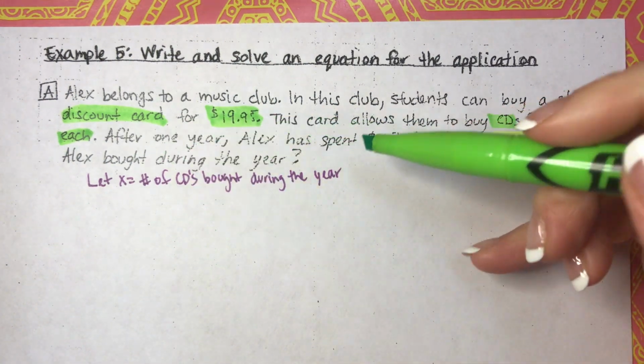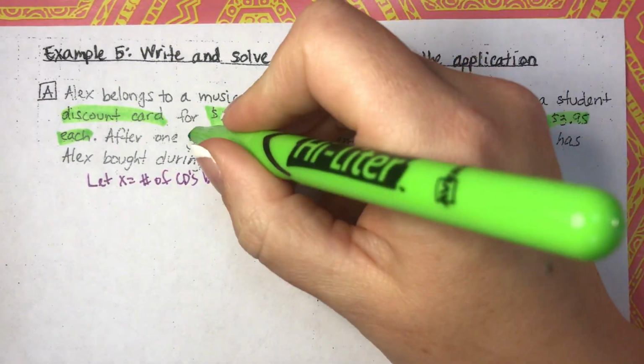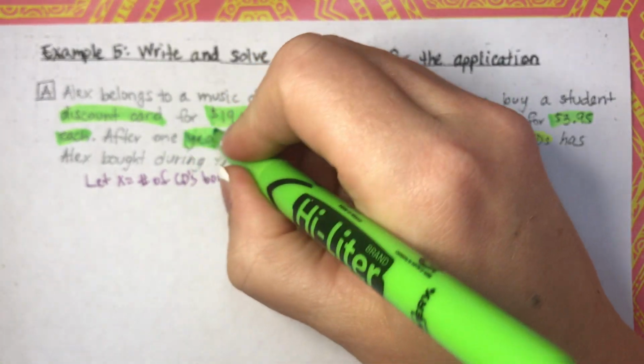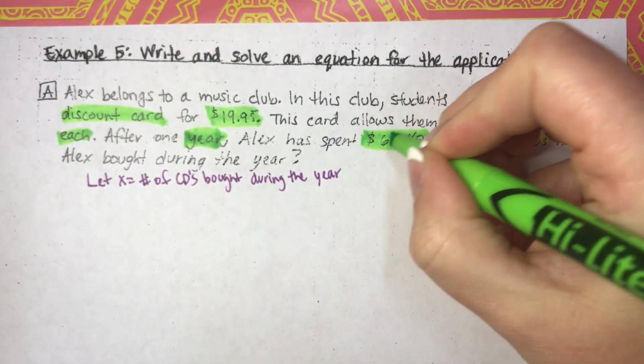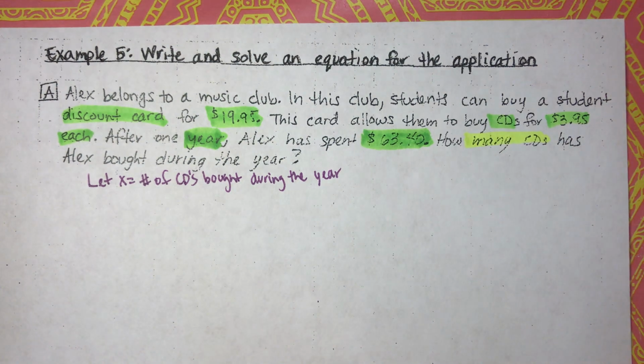And then after 1 year, so in a year, Alex has spent $63.40. So then we need to find how many CDs Alex bought during the year. Sometimes when you're doing story problems, there are all different types of story problems. So I try to figure out what kind of story problem this is.